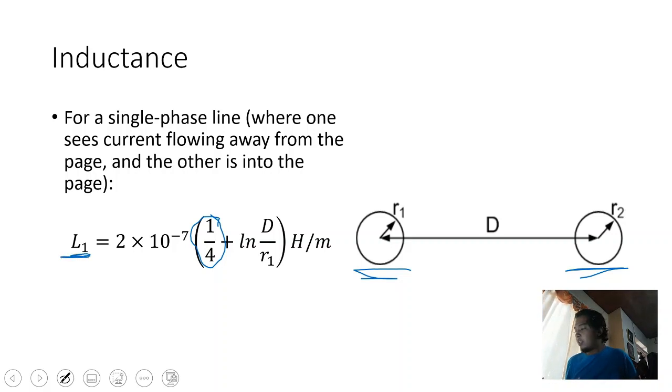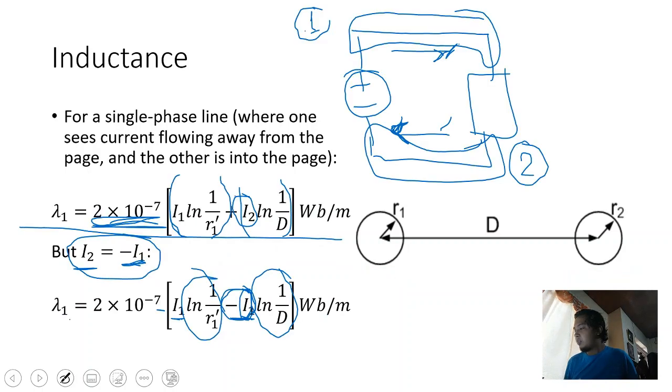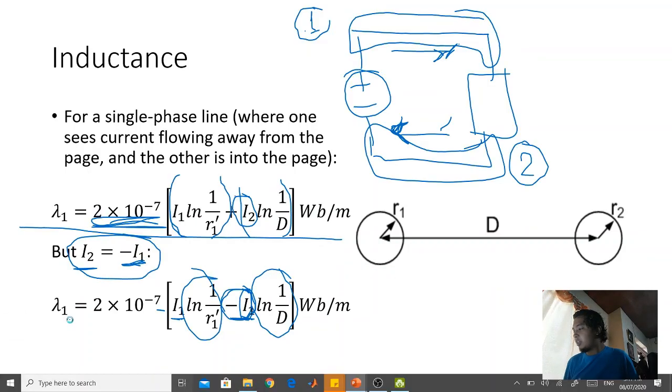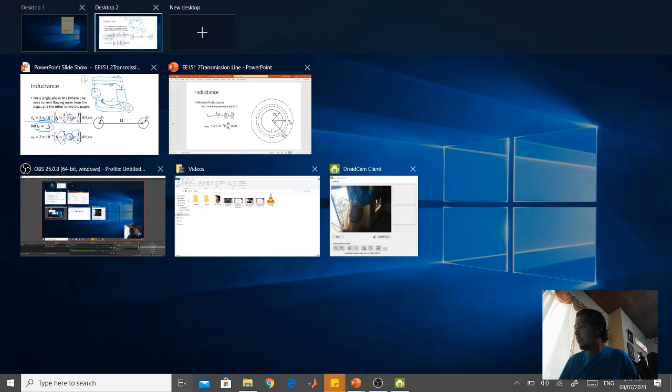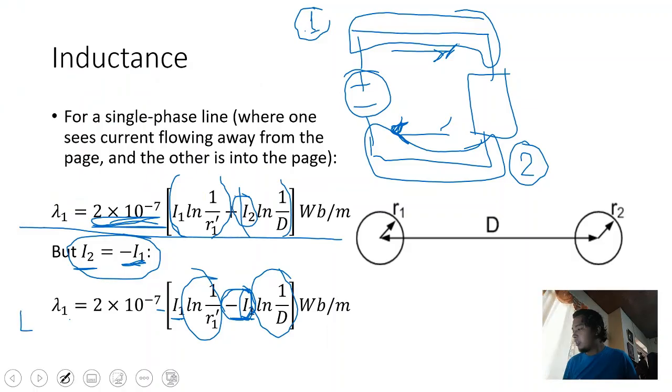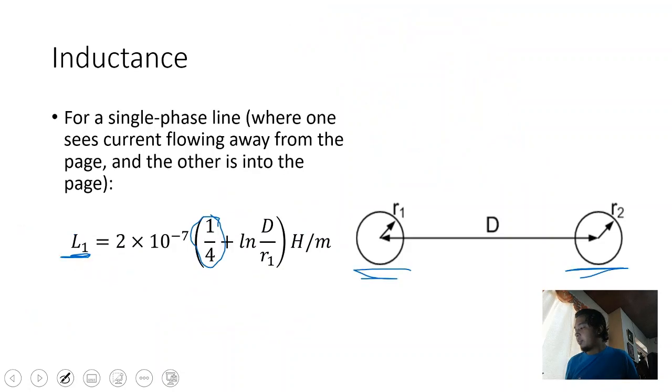Kasi your L is equal to magnetic flux linkage over I. But since now, iisa na lang yung current natin, both of the currents in the terms are I1. So kaya na natin siyang i-divide to get L. Okay? So yeah, that's how you get L.